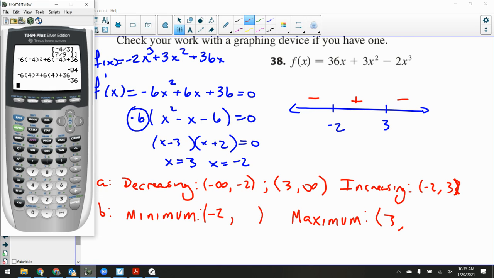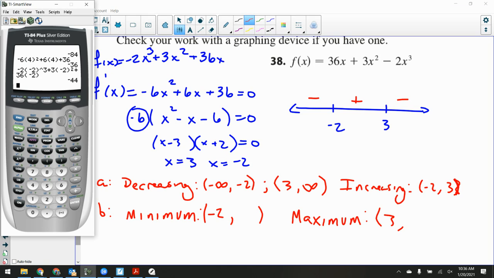Let's plug these in to find the coordinates. Now, remember that I'm plugging them back into F to find the actual coordinates where they exist. So I would say -2 times -2 to the third power plus 3 times -2 squared plus 36 times -2, which looks like -44. Just going to double check that.